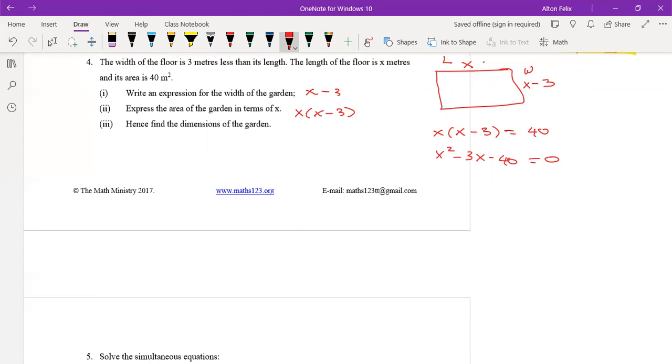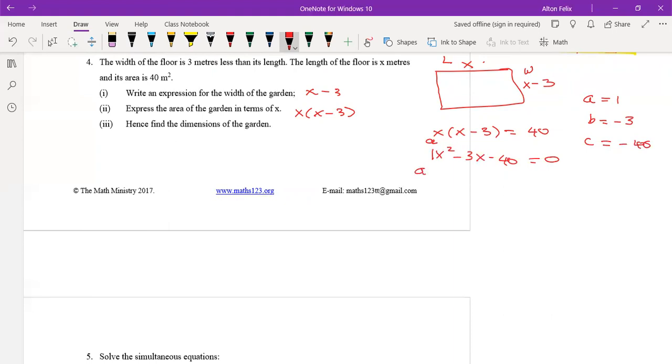So we have the quadratic formula you could use to solve that if you wish. But I like the traditional approach as I showed you earlier. So we know A is 1, B is negative 3, and C is equal to minus 40.